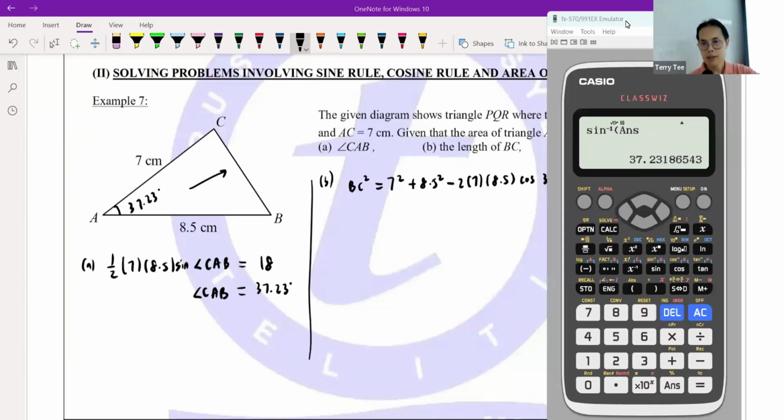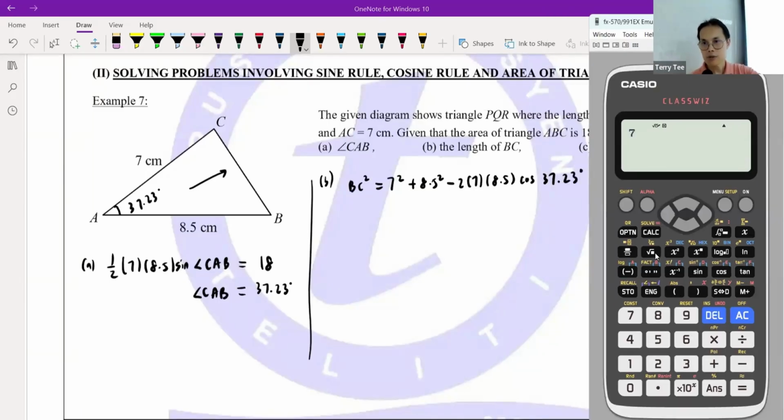So let's take 7 square plus 8.5 square minus 2 times 7 times 8.5 times cos 37.23. Whatever we get here, square root, answer equals 5.148.